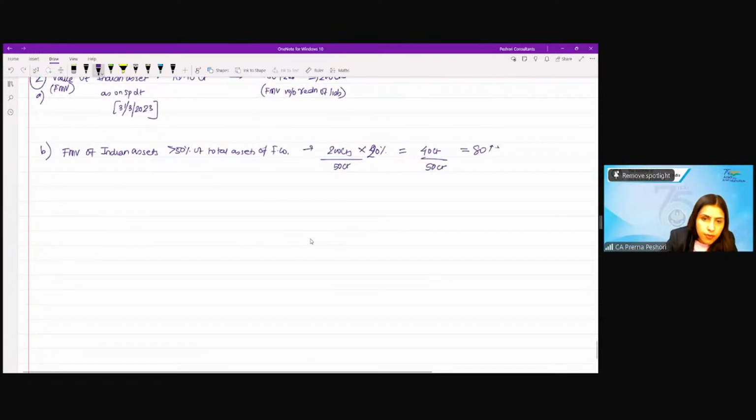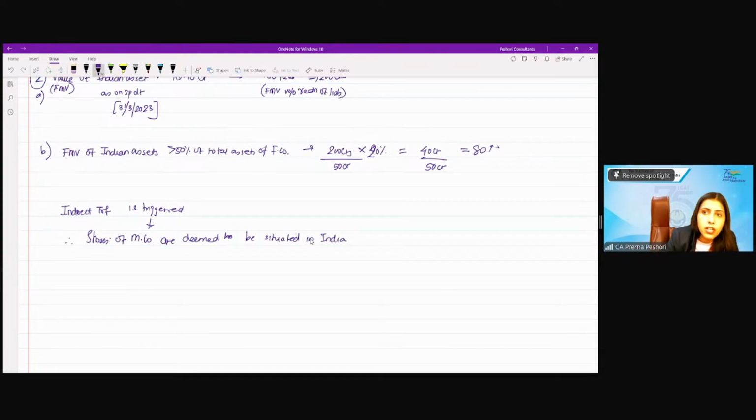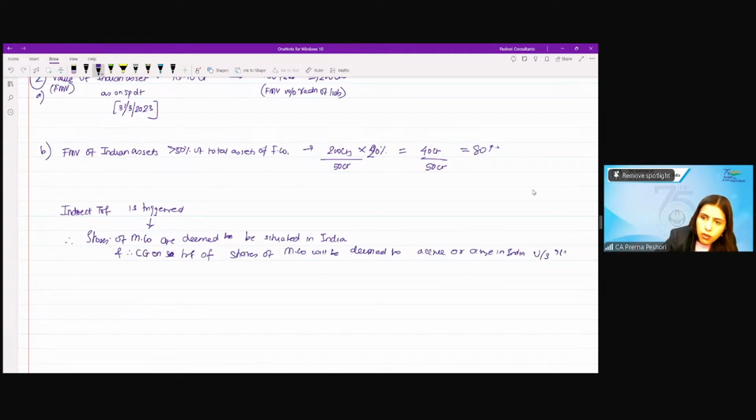Now, indirect transfer is triggered. So, therefore, here you will write: shares of Mauritius company are deemed to be situated in India, and therefore capital gain on transfer of shares of MO will be deemed to accrue or arise in India under section 9(1).